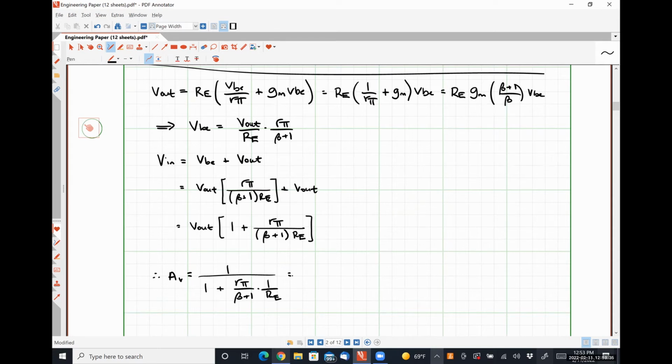And if I multiply through by RE over RE, what this gives me is RE divided by RE plus R pi over beta plus 1. Okay. So this is the form that I prefer because it makes it very easy to see the voltage gain for this common collector amplifier is always less than 1. Okay.